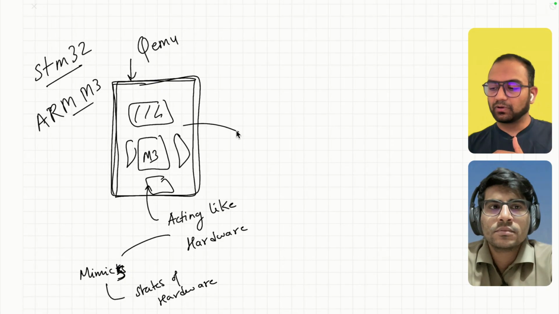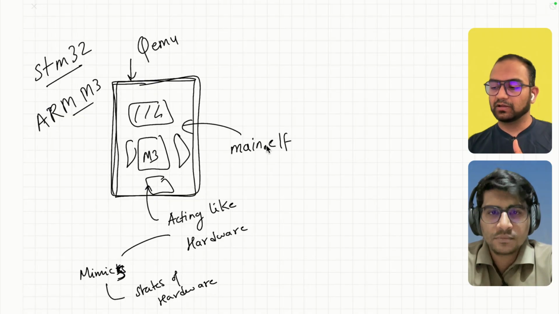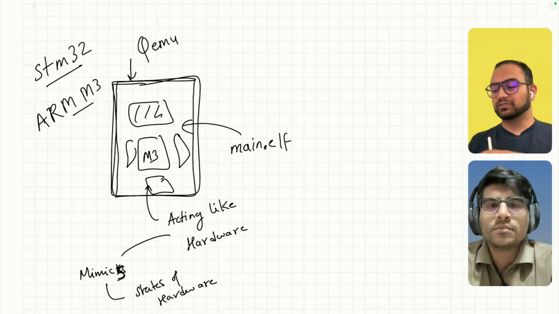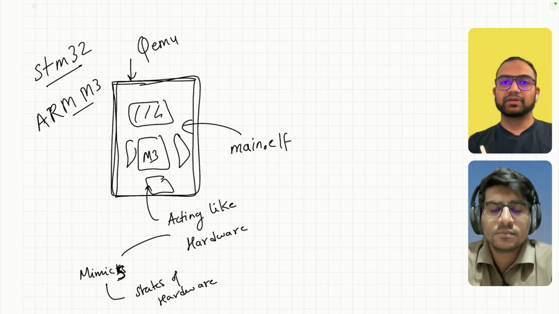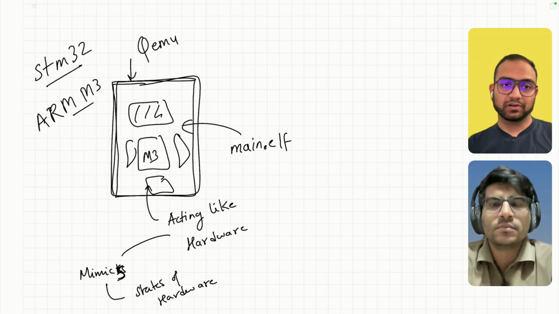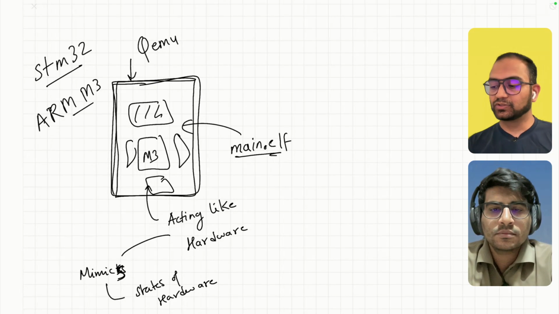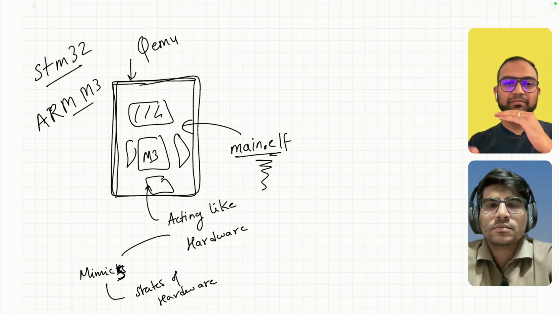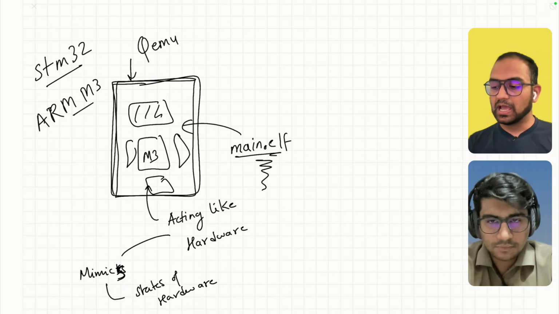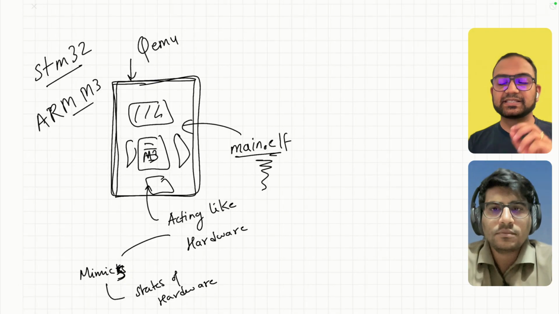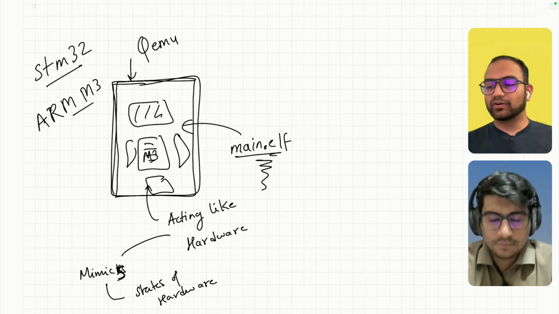It is capable of consuming our main.elf file, which was the firmware, the binary code that we intend on putting onto that hardware device. It can take this code and walk through it line by line as a CPU would, and then execute exactly the way that board would. So that's the idea of QEMU.